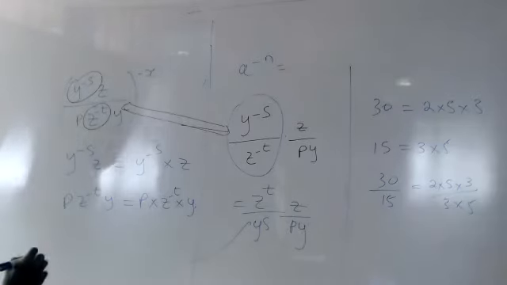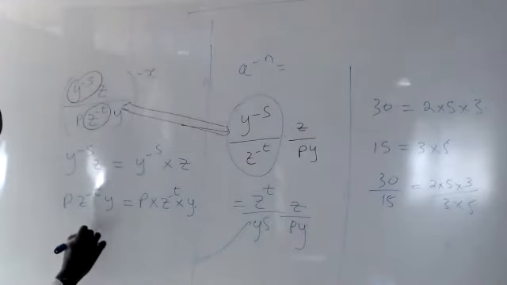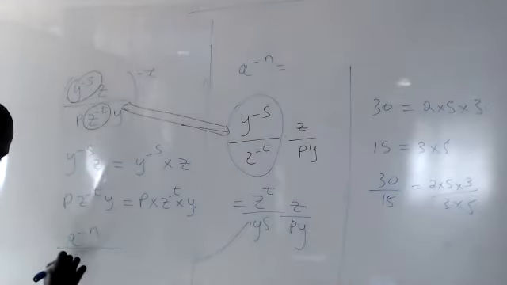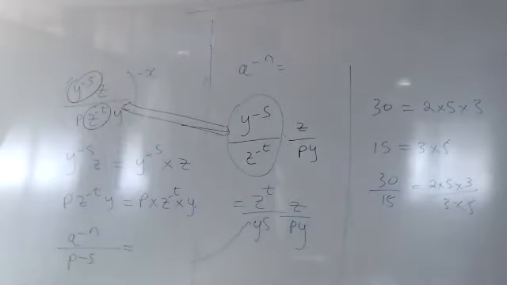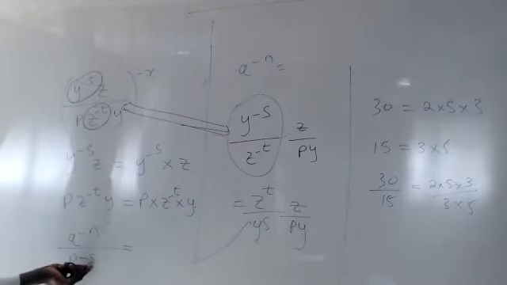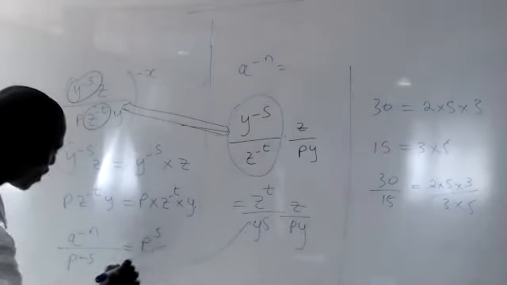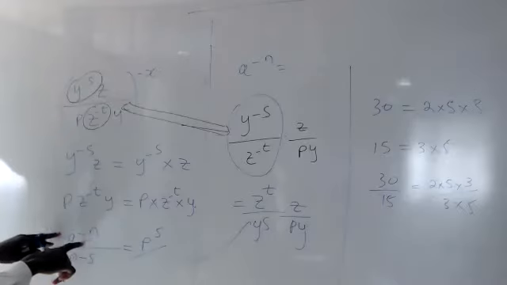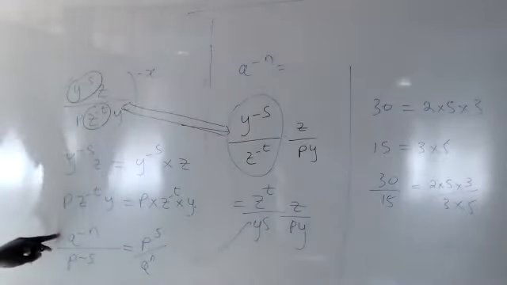So the rule you're using is that if you have a fraction, a to the minus n divided by maybe p to the minus s, just take what is in the denominator to the numerator and change the exponent to positive. So this should be p raised to s divided by what is in the numerator, a to the negative n. So we put a down and change the sign to positive.